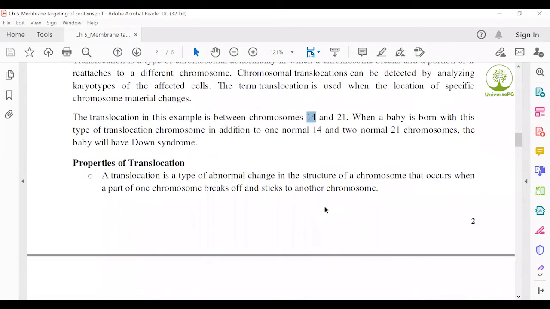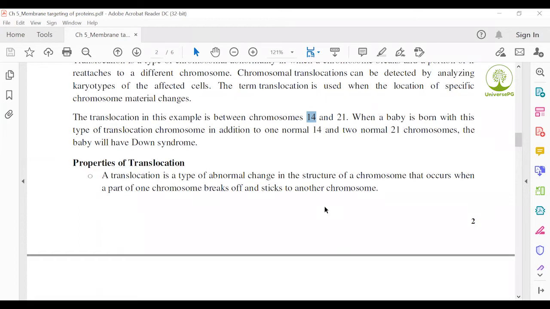Properties of translocation. Translocation is a type of abnormal change in the structure of a chromosome that occurs when a part of one chromosome breaks off and sticks to another chromosome.